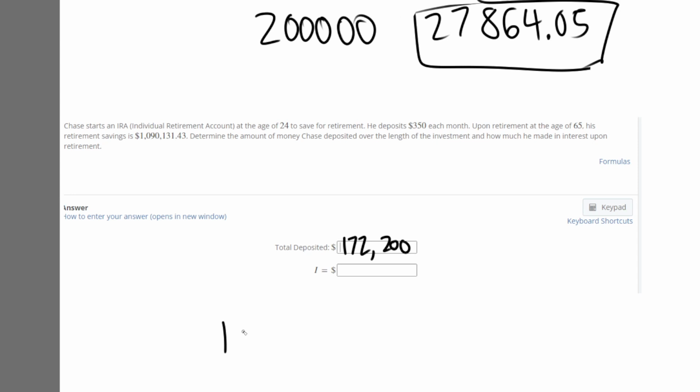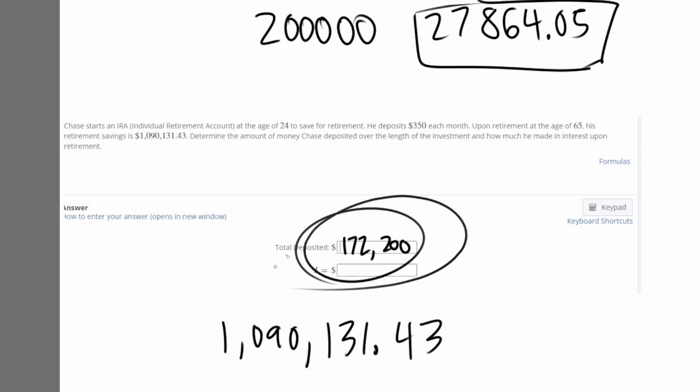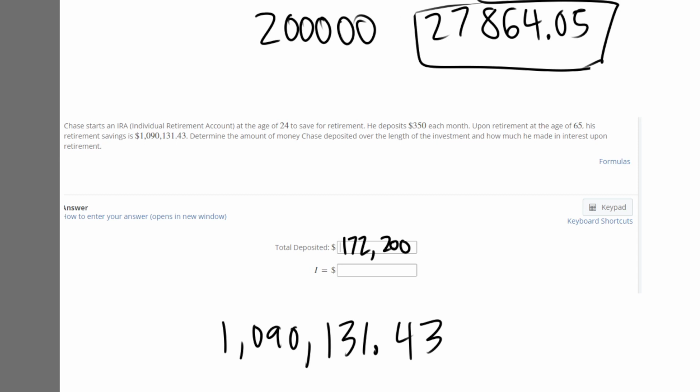If we know that his retirement savings has $1,090,131.43, and we know that he deposits $100,000 roughly, we can probably just minus that, right? Because if he's not depositing it, it's probably being earned in interest.